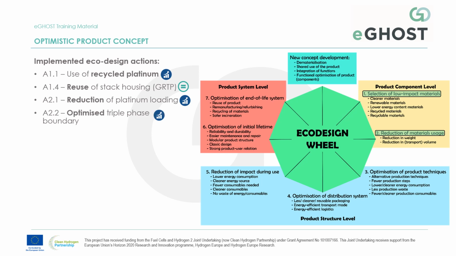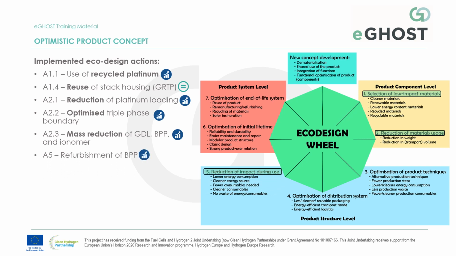The efficiency is improved again, and we also make further reduction of the gas diffusion layer, bipolar plates, and ionomer. And we can use a higher percentage of reuse of bipolar plates. And we add the closed loop ionomer recycling.